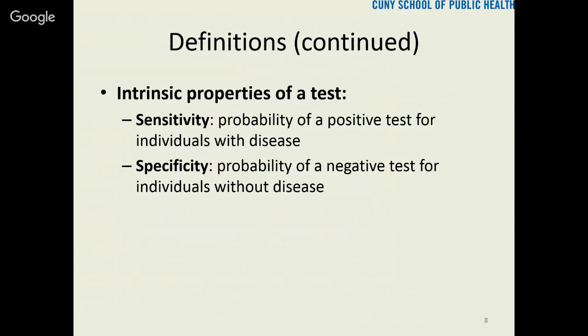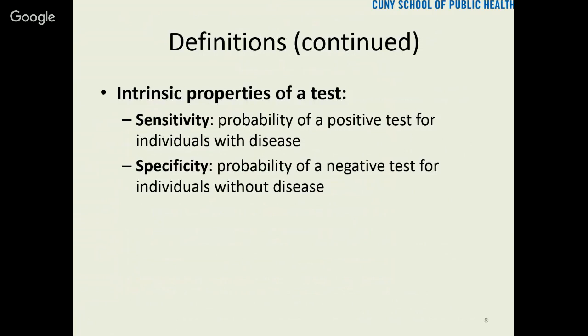So does everyone understand why I'm calling these intrinsic properties of a test? Is anyone unsure? Sure. Yeah. So they're intrinsic because it is the performance of the test on individuals with the disease and without the disease.